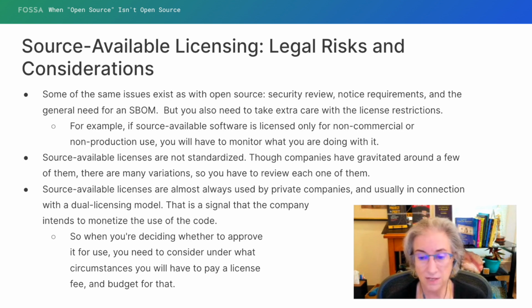You need to get a license. Here's the fee for it. And you might be able to negotiate the fee, but as an overarching matter, if you can't live with the terms of a source available license, that's a problem you can solve with money. And that's always a double-edged sword. It's good to be able to solve problems. It might be painful to pay, but at least there is a solution.